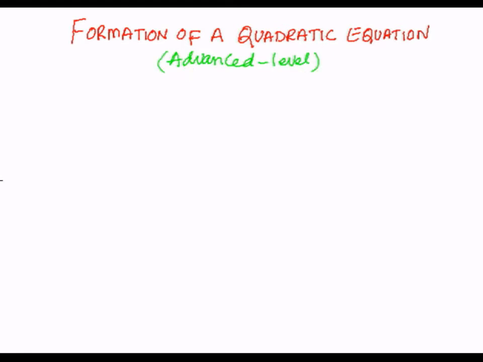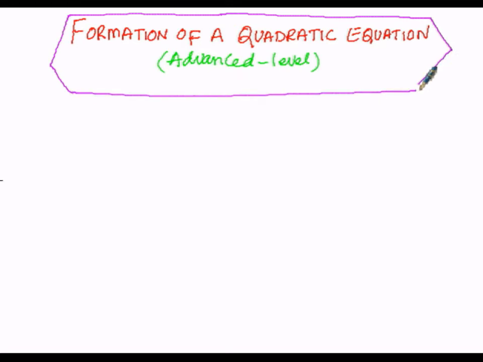When two roots are given to us, since the quadratic equation is of second degree, it has two roots. When two roots are given to us, then how to frame a quadratic equation?